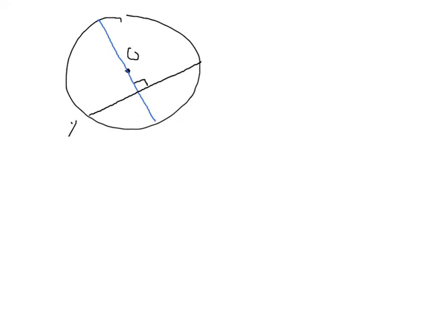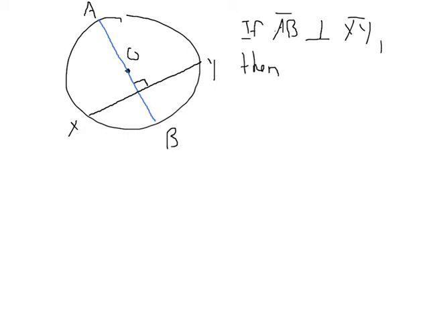Let's call these points X and Y, and let's call these points A and B. So we're saying that if AB is perpendicular to XY, then that diameter bisects the chord.